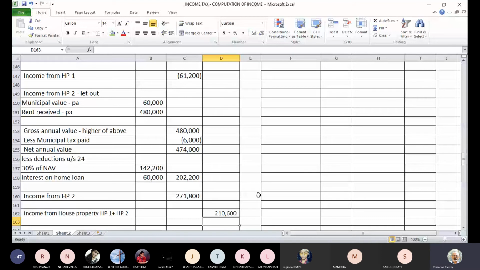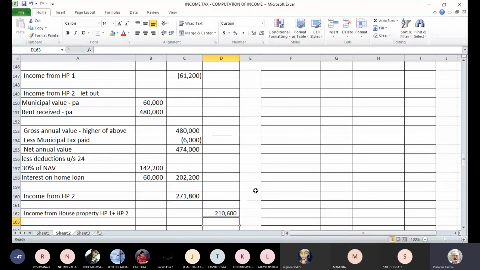Any difficulty in HP1 and HP2? All of you have completed the notings now for HP1, HP2. The next step will be to find out the gross total income.